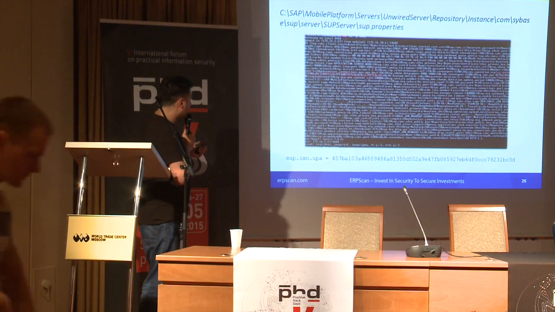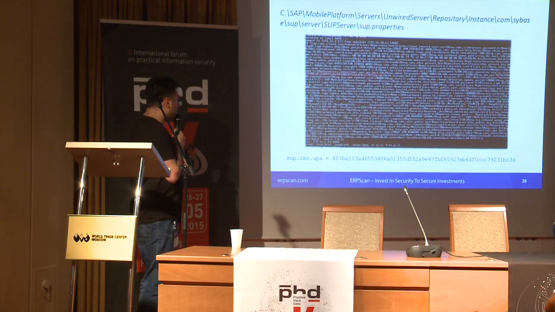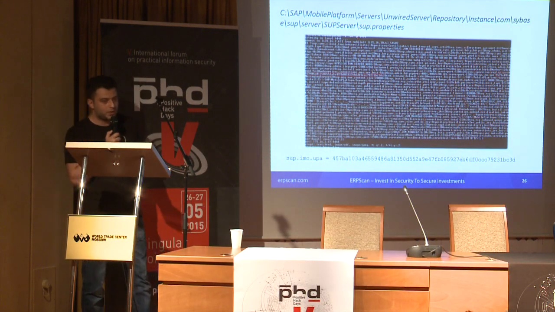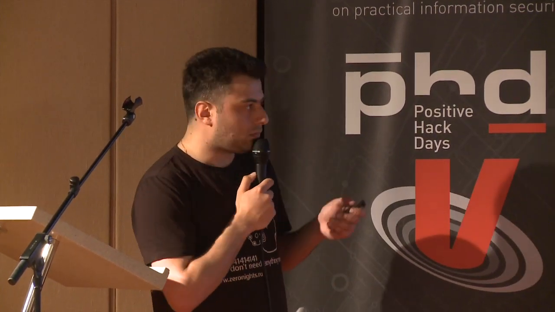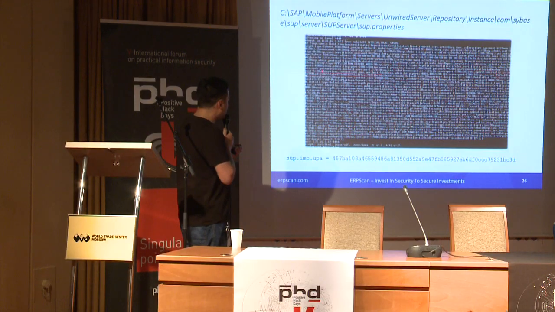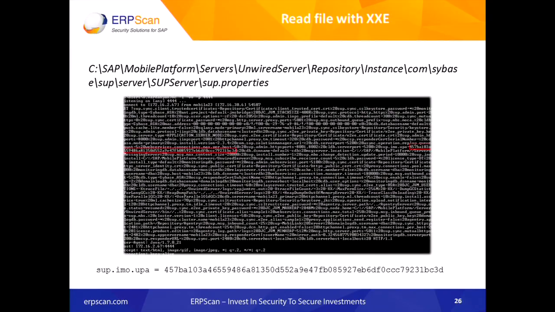So we were able to read one of the files located in this particular pathway, and I can tell you in advance that SAP Mobile Platform contains a lot of files which have confidential information, passwords, logins, and much other information. This one contains information about a key called SAP IMO EPA, IMO UPA.